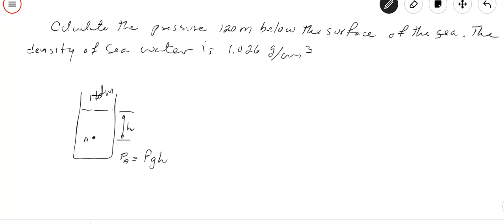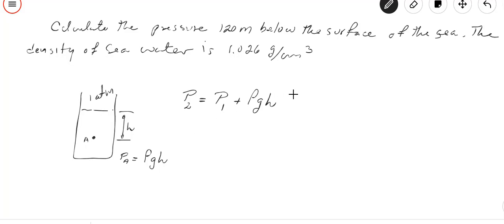So if we want to find the total pressure here, we're going to say that the total pressure would be the pressure of the atmosphere, right? So I will call the pressure here at point A, that is 120 meters below, P2, equal to P1, that I'm going to say is the pressure of the atmosphere, plus the pressure due to the column of liquid, density times gravity times H, right?